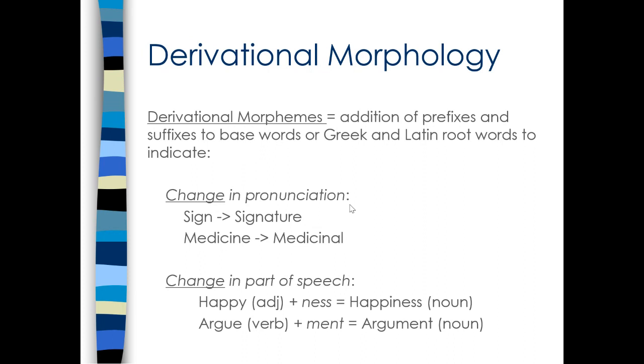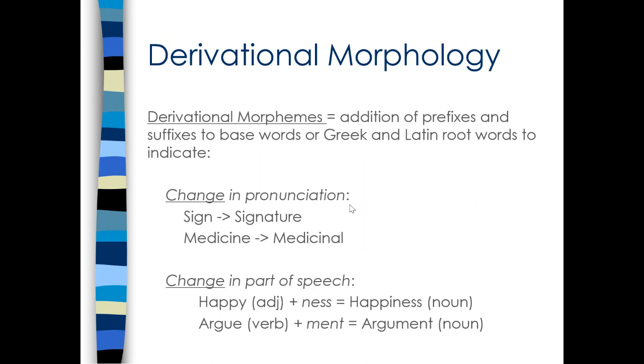Here's where morphology gets a little more tricky, because we can add derivational morphemes, which are both prefixes and suffixes to words that change the pronunciation of the word and the part of speech.